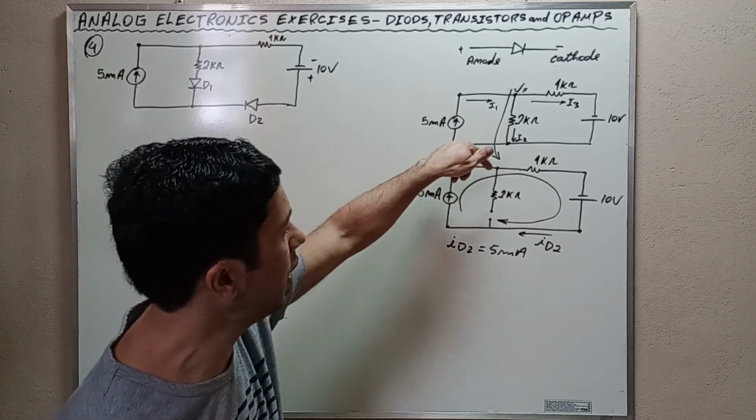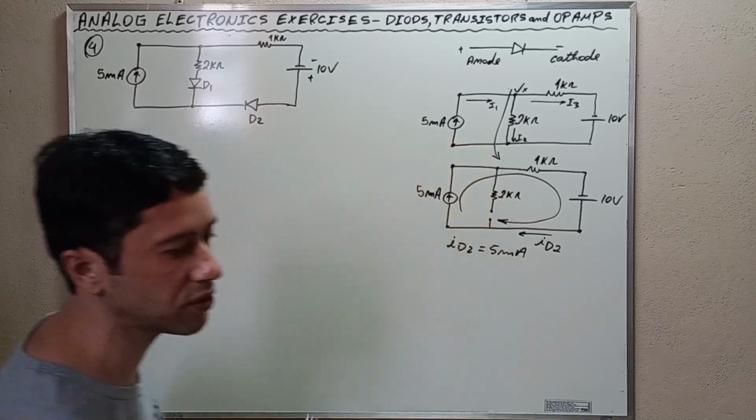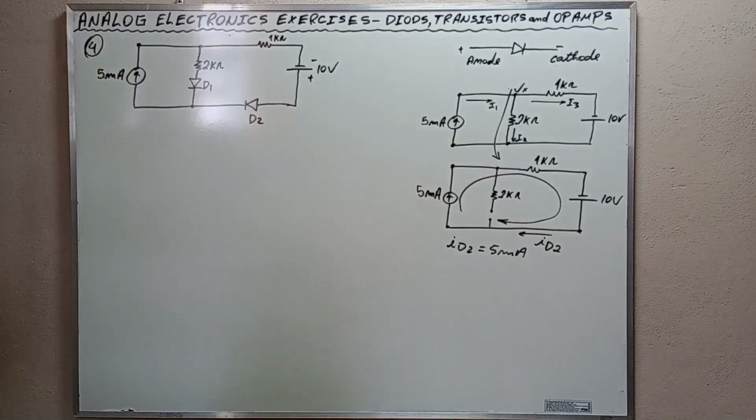There will be no current in the central branch because the circuit is open. We assumed that diode D1 is off now, and we are assuming that diode D2 is conducting.